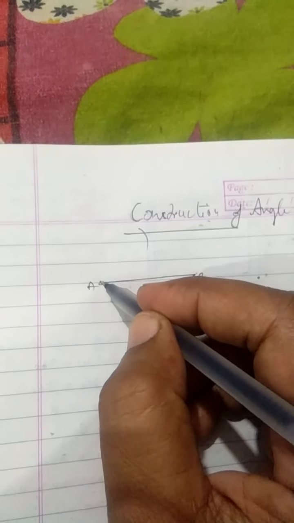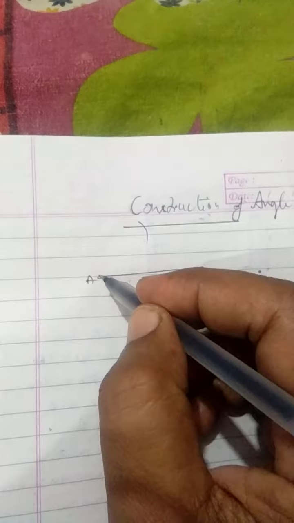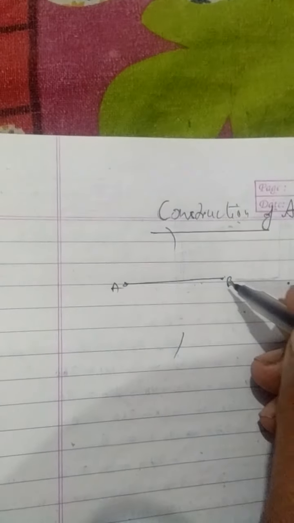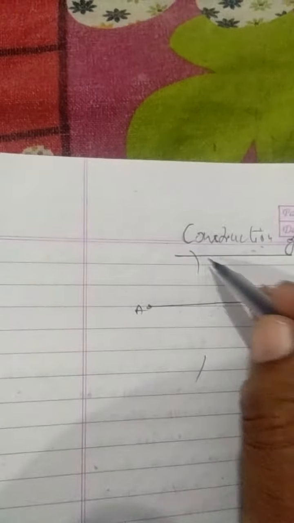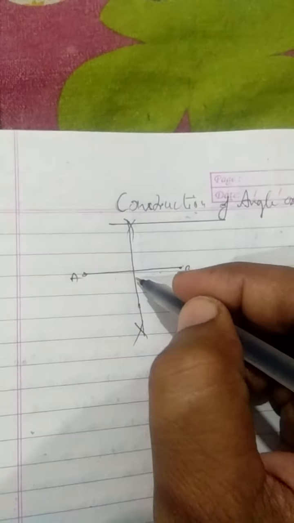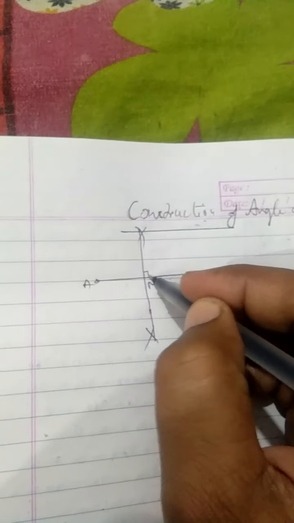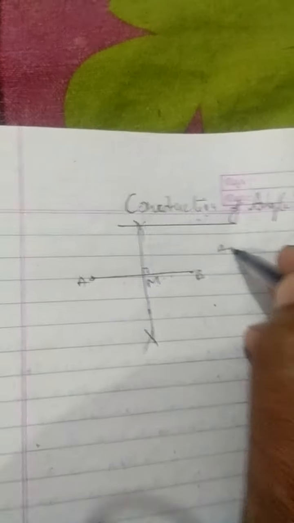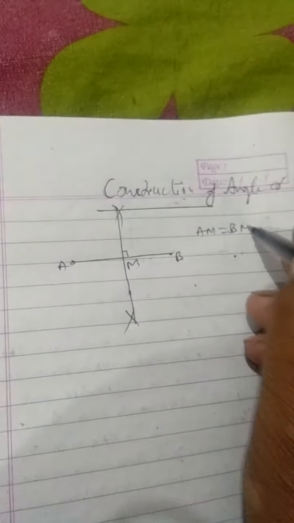Take a point A as center and draw the arc of both sides, upper and lower, and as a B, similarly make an arc and join. This is the perpendicular bisector as a 90, so AM is equal to BM.